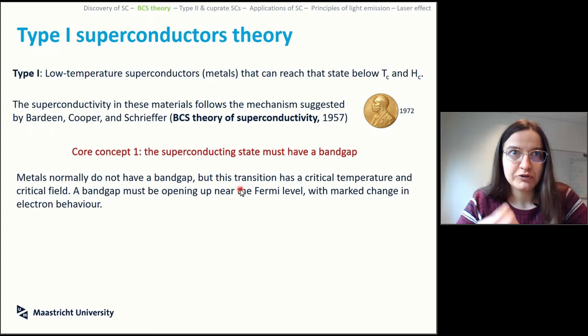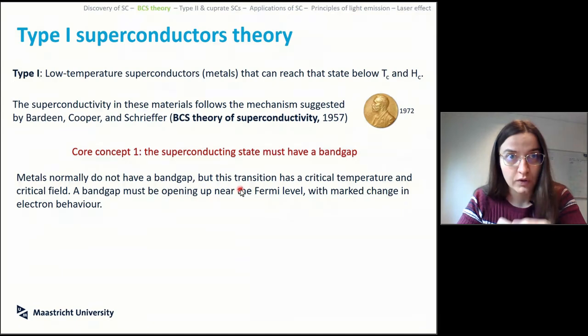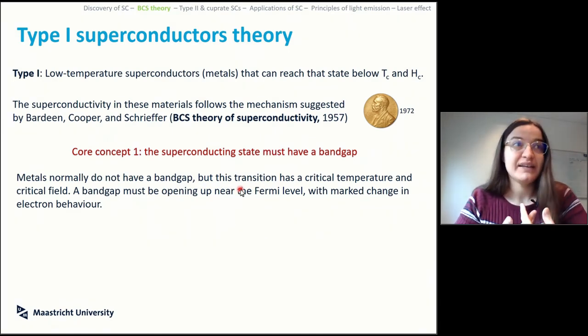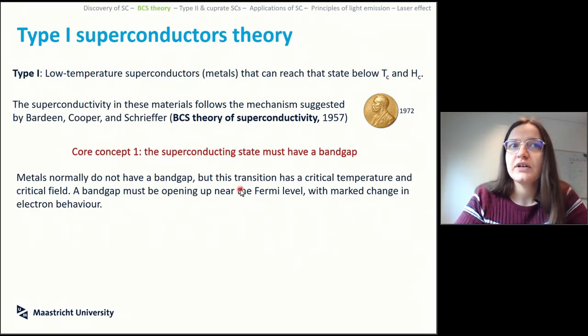If there were electrons, then they should behave like electrons, and we know how electrons behave. They should go with the normal conductivity. But there is a critical temperature and a critical magnetic field. When you have these two behaviors, you usually imply that you are jumping a band gap.